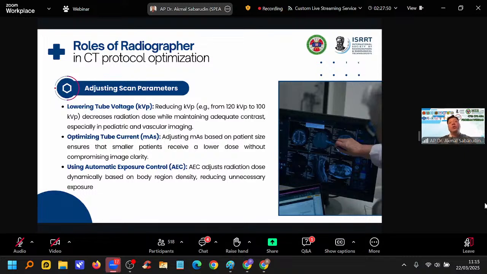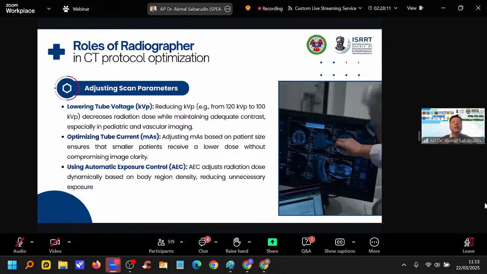Dr. Azura also mentioned SSDE and others. So you can see the significant difference in the radiation dose received by the patient, compared to your normal practice, if you adjust all these kVp and mAs.